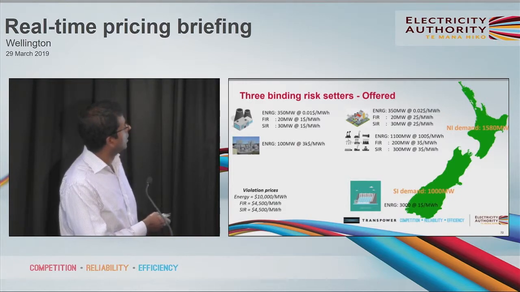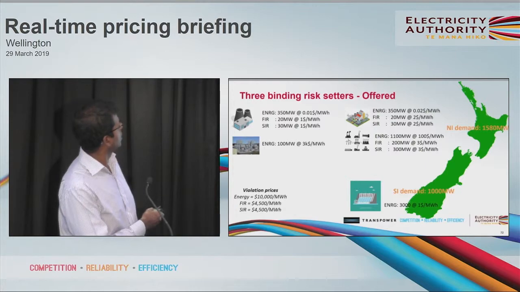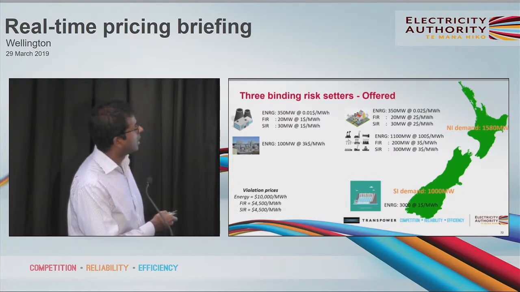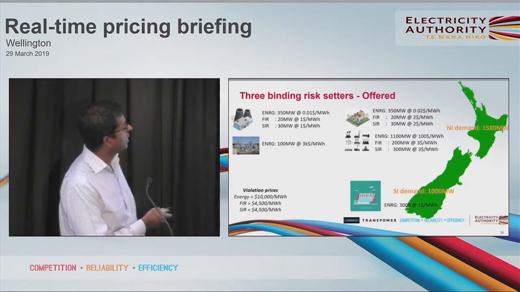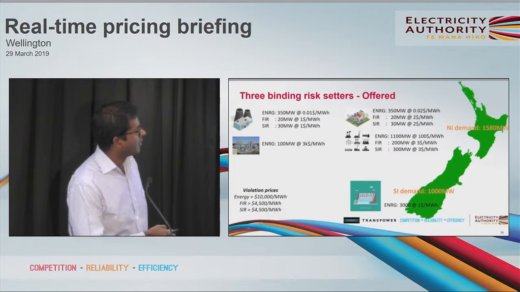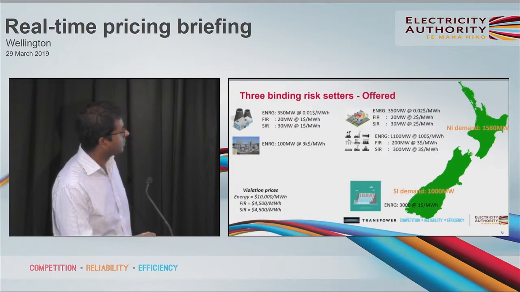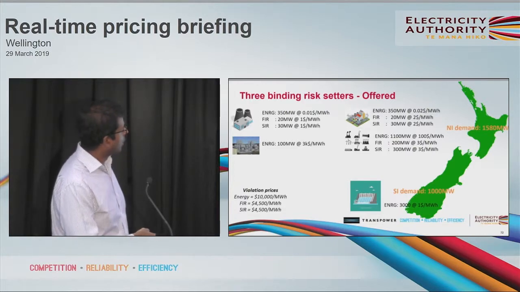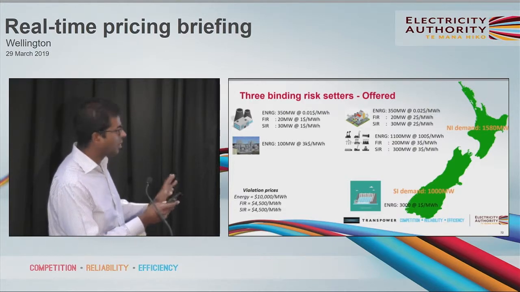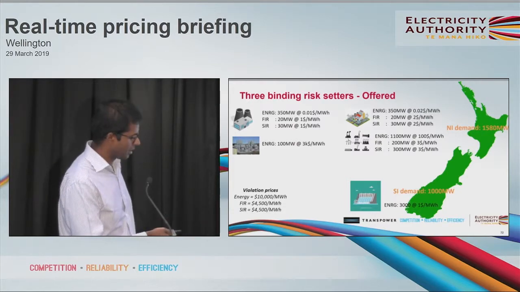We've got some fossil fuels, so maybe it looks like a coal station, I guess. A gas turbine. These two are what's called risk setters in SPD, so they can set the risk. We've got a peaker, and we've got a portfolio of other plants in the North Island. So all these are North Island plant, and this is the South Island plant. And we've got our violation prices here, reflective of economic conditions, economic costs.